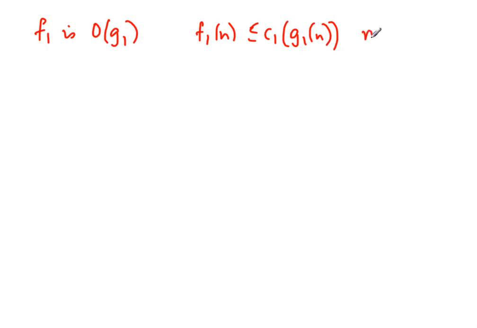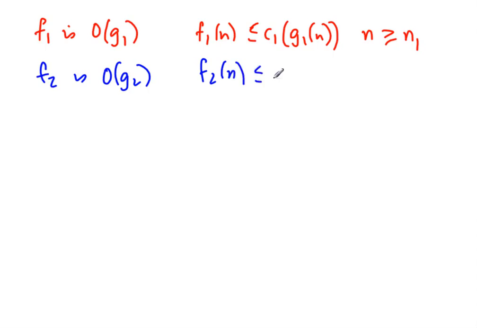So I have f1 is O of g1. This means that f1 of n is less than or equal to some c1 times g1 of n for all n bigger than or equal to, let us call it, n1. On the other hand, we have f2 is O of g2, so f2 of n is smaller than or equal to some c2 times g2 of n for all n bigger than or equal to n2.